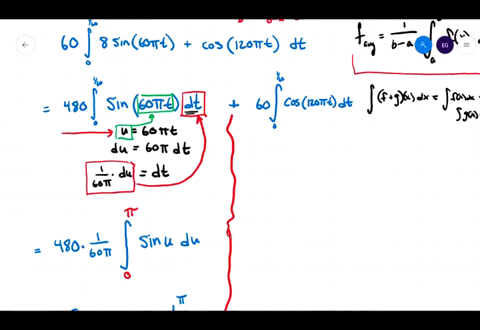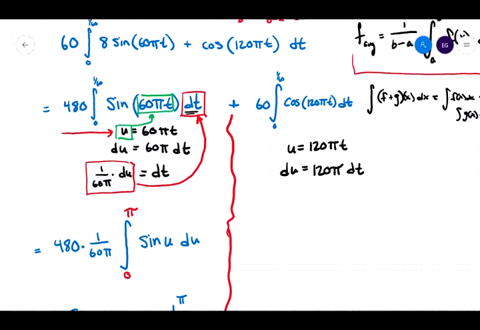So now we'll do the 60 cosine of 120 pi t. Same thing, we'll do a little u substitution here. Let's say u is equal to 120 pi t. So du is equal to 120 pi times dt.